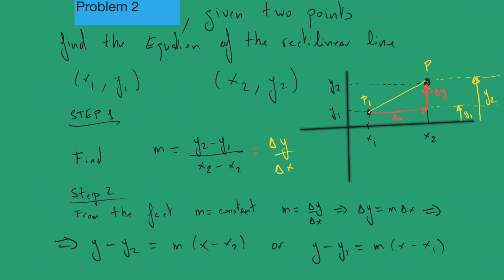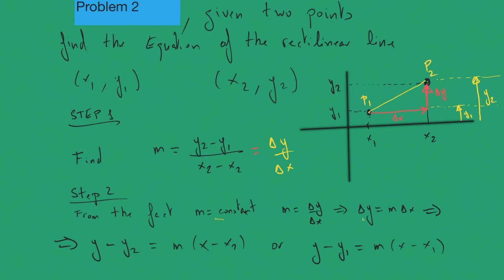From the fact that m is constant, you will write m equals delta y over delta x. So delta y will be y minus y2 equals m times (x minus x2), or maybe you write this equation, y minus y1 equals m multiplied by (x minus x1), and you will obtain the rectilinear line that passes through the points P1 and P2.